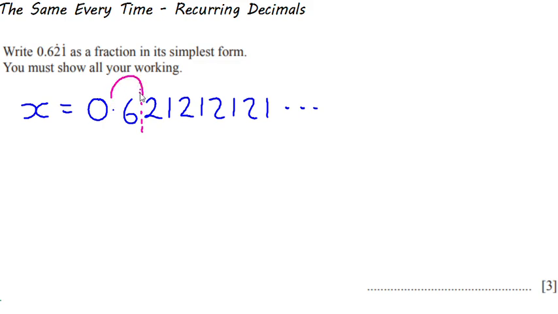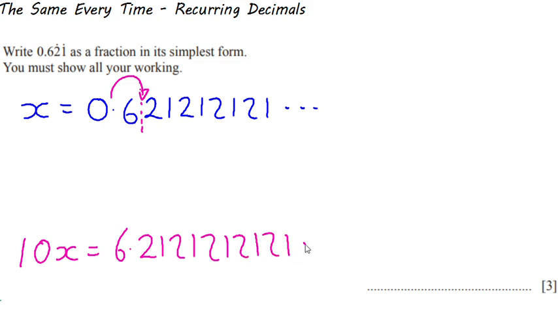I have to move my decimal point 1 place to get to there. So moving my decimal point 1 place is the equivalent of multiplying by 10. So 10 times x would be 6.2121212121. There we go, that's enough 21s, isn't it?